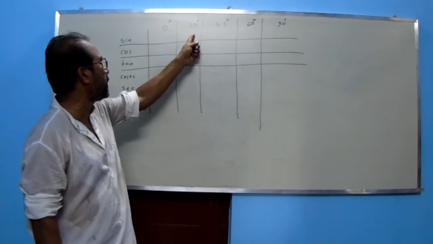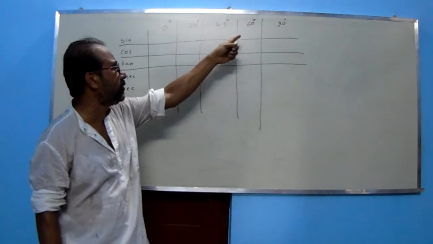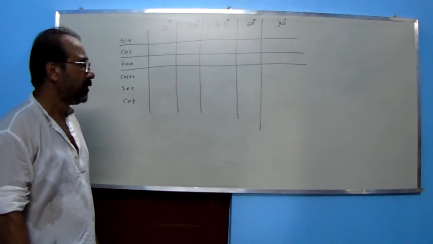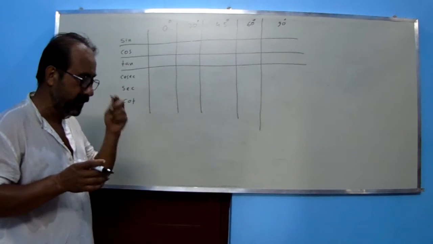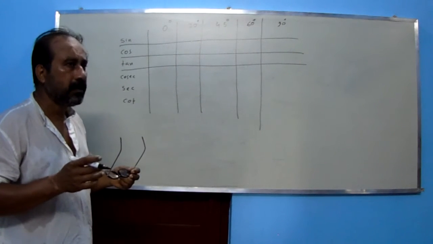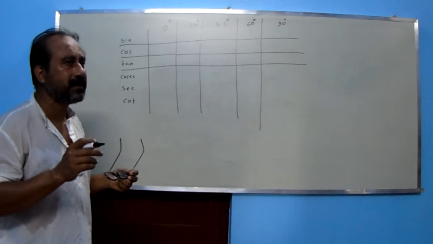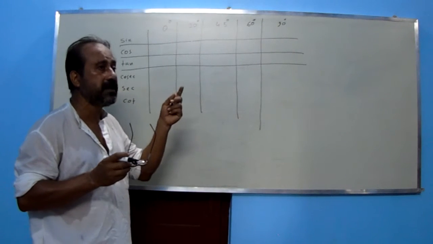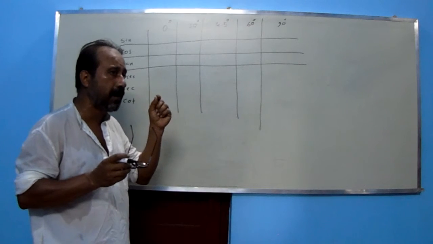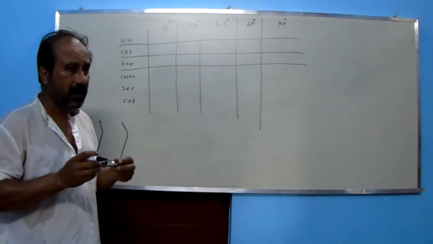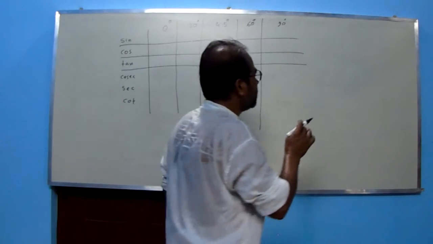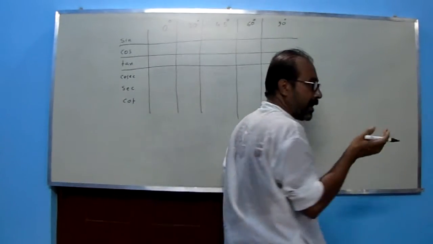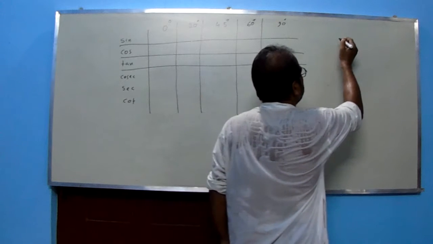Sine 30 degree means how much? Sine 45, like that it will go on. If you don't want to memorize these, then by continuously doing the math they can also be remembered, but initially you must memorize these values. Otherwise there is also a bypassing method for remembering them.